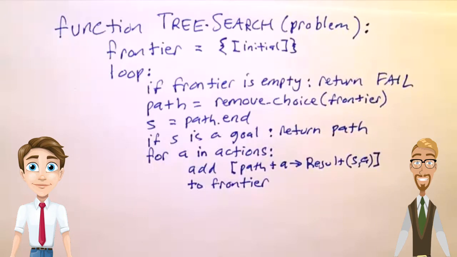The next line is s equals path.end. The next line is if s is a goal, then return true. The next line is for a in actions colon. The next line is add action A to the path and add the result state of taking A to the frontier.